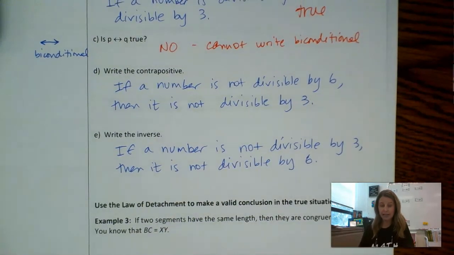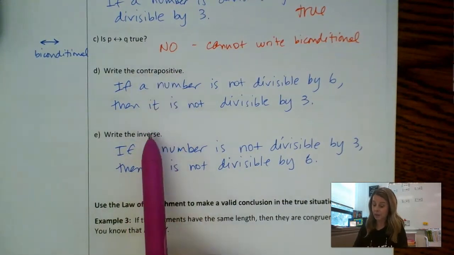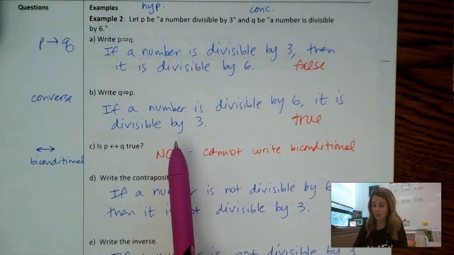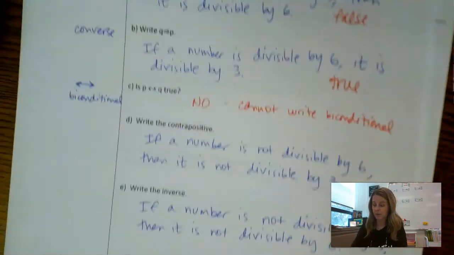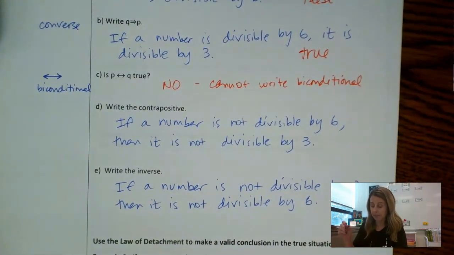So let's add the notation for contrapositive and inverse with P's and Q's, just to cover everything. Contrapositive is when we switch them and they're both not.